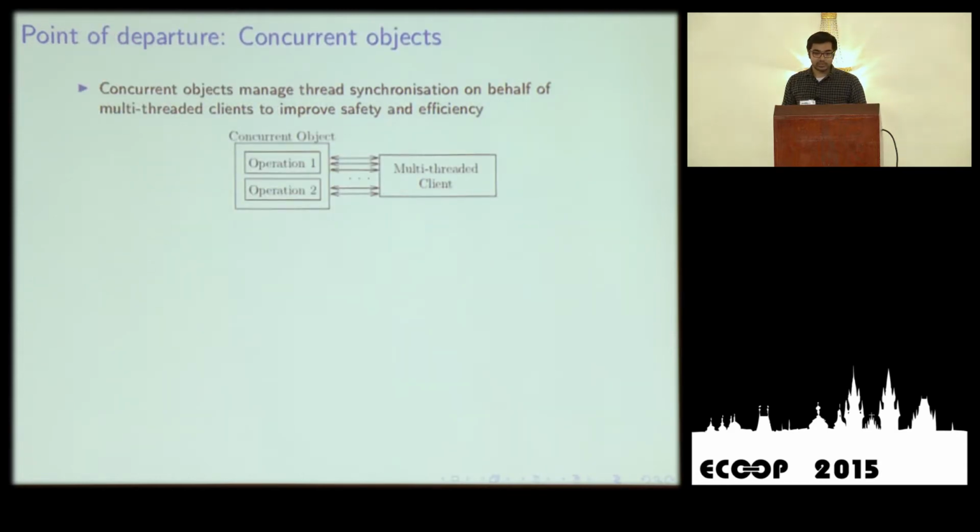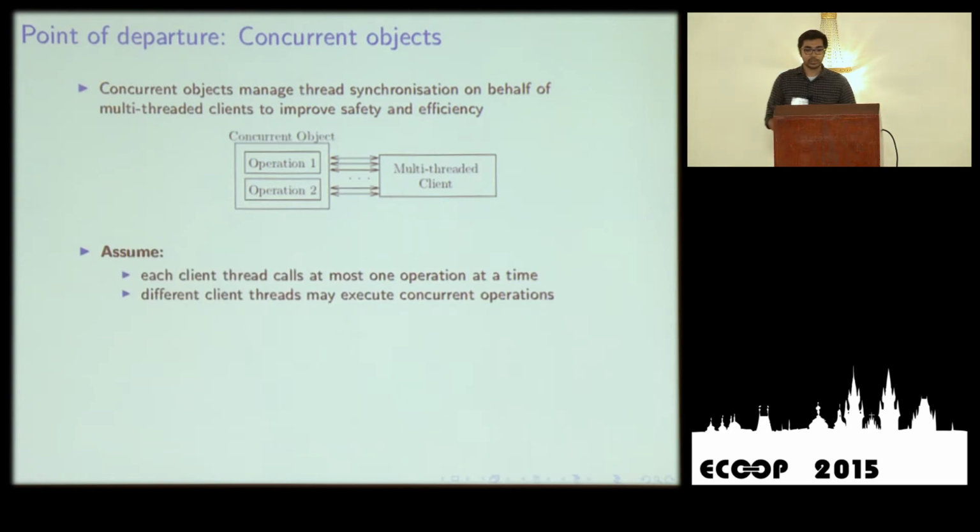Okay, so the point of departure for us are these things called concurrent objects, and you can think of them as being able to manage thread synchronization on behalf of multi-threaded clients. The way you'd use them is you'd instantiate them in a multi-threaded client, and you invoke its operations. And you can do many things at the same time.